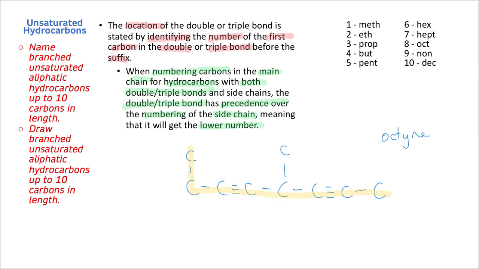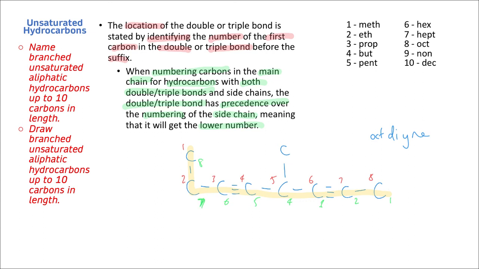Now, there are 2 double bonds in this, so this is an octadiene, and then we can give the location of those 2 double bonds. So we should number them. Either we number them 1, 2, 3, 4, 5, 6, 7, 8 this way, or 1, 2, 3, 4, 5, 6, 7, 8 this way.